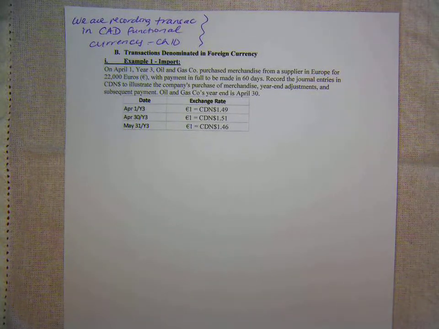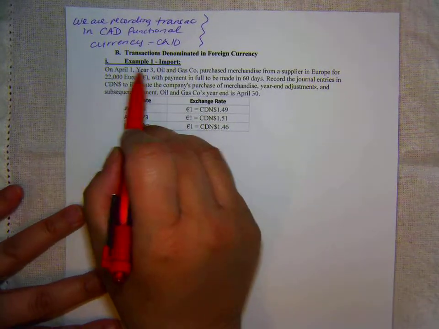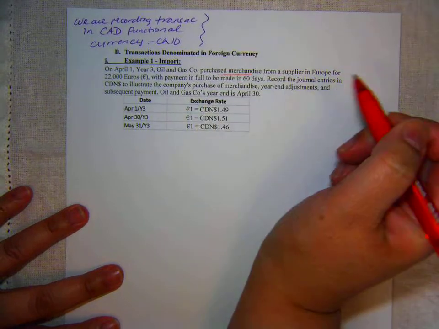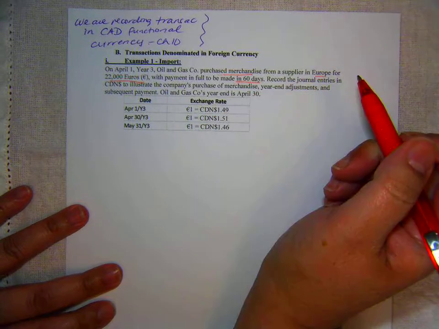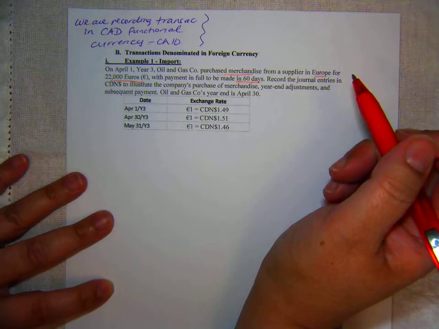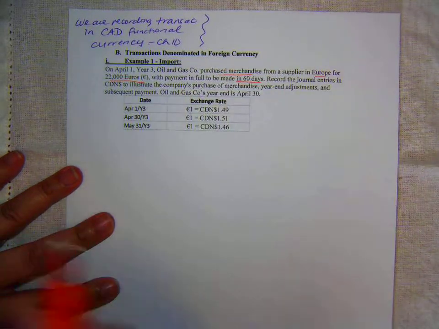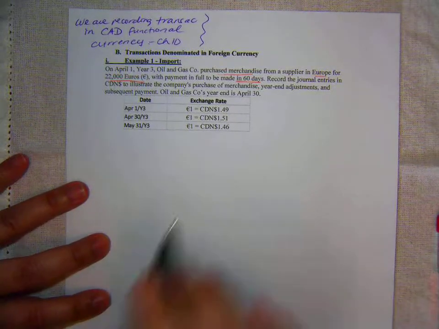Okay, so let's go through an example. April 1st, year 3, an oil and gas company purchased merchandise from a supplier in Europe for 22,000 euros with payment to be fully made in 60 days. One thing I want to make clear with these questions, it can be a little unclear.